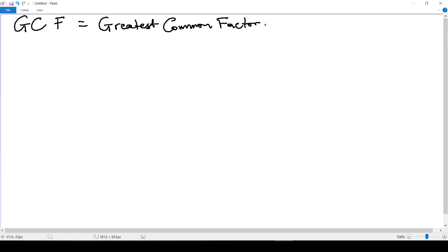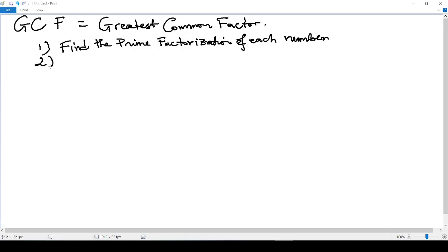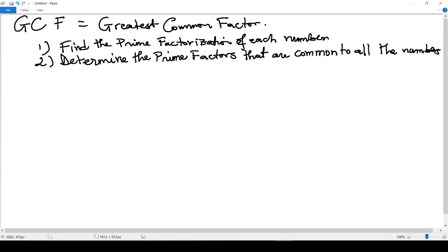And to find a GCF, there is a set of steps to follow. And these are the steps. Number one, find the prime factorization of each number, right? Number two, determine the prime factors that are common to all the numbers.